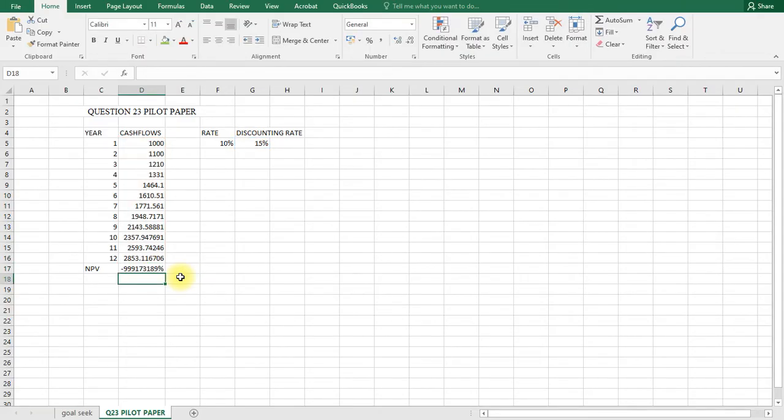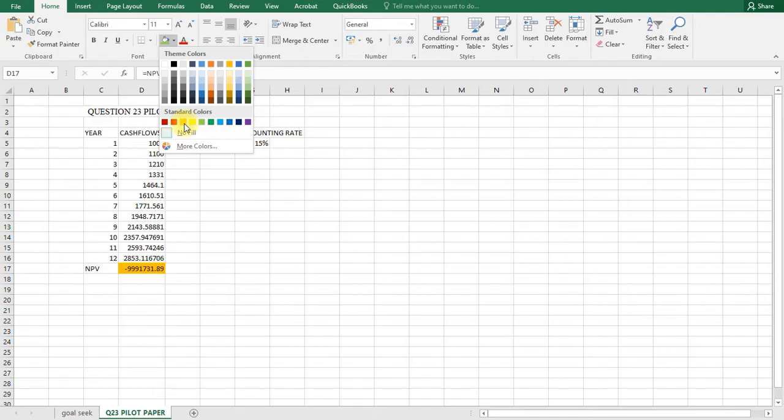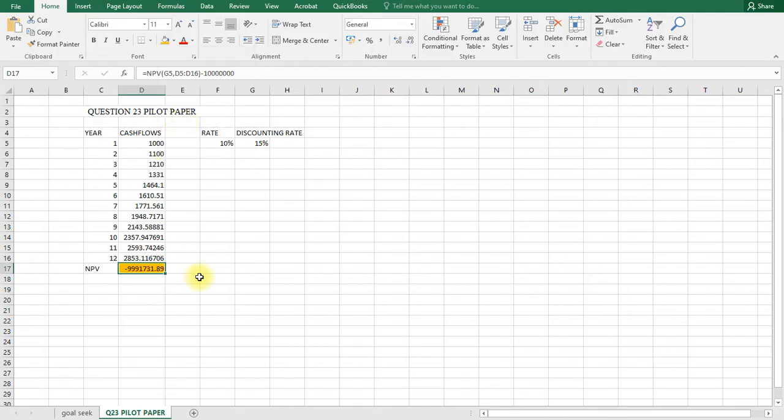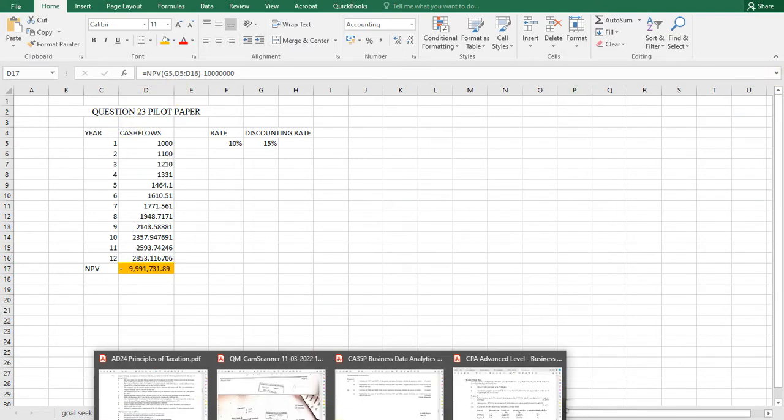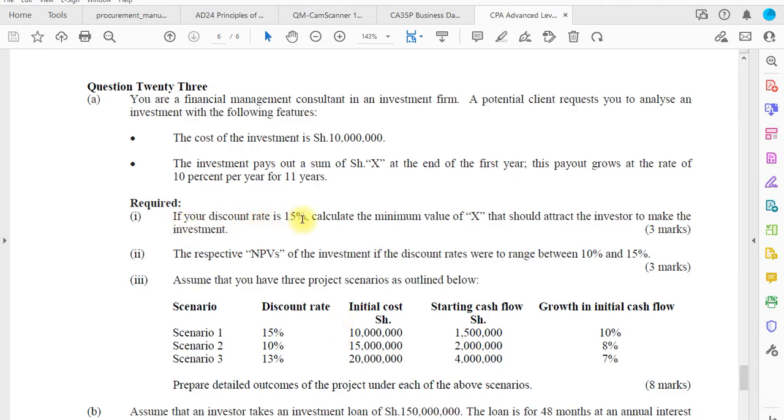After that, I find that it is giving me a negative, and it is a percentage. I'll first change this into a value using general. So that's my NPV, which is negative 999, and I will expand, negative 9,991,000. But remember the goal: the question says that if the discount rate is 15%, calculate the minimum value of X that should attract the investor to make the investment.